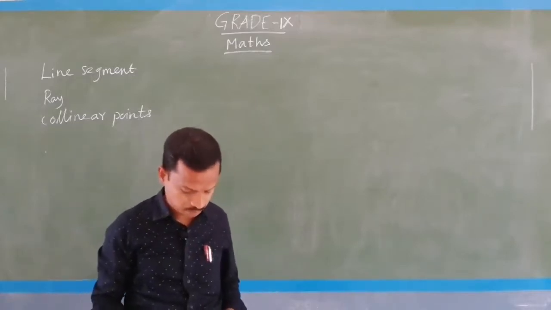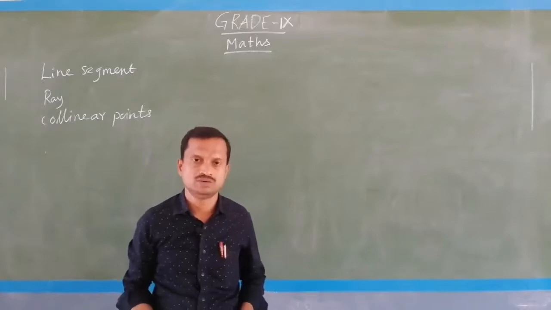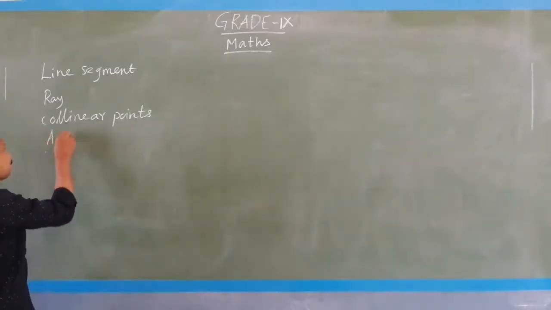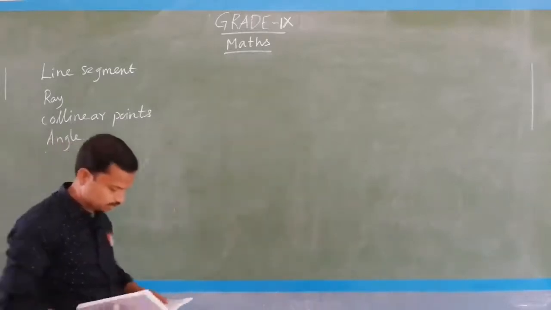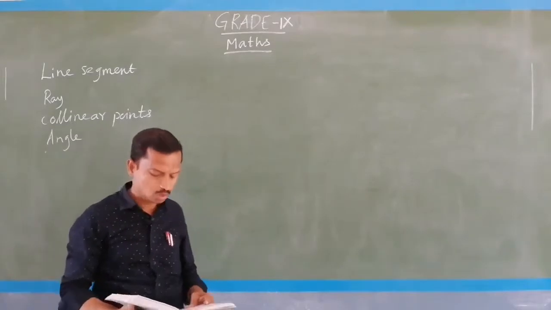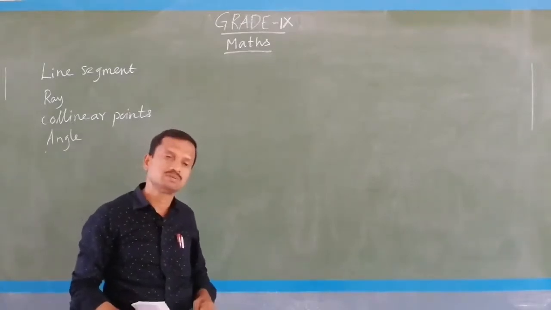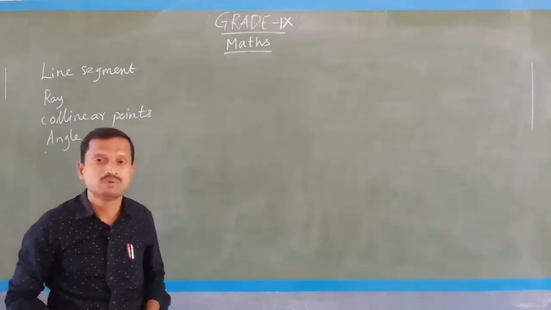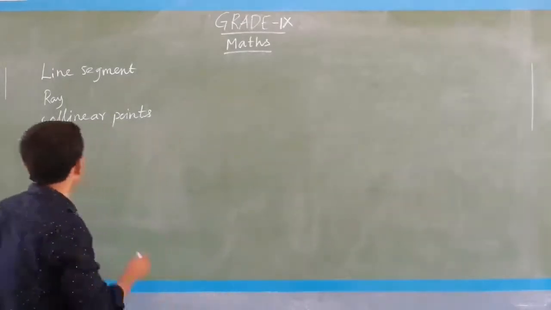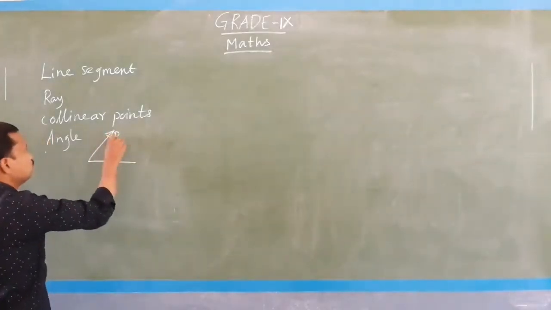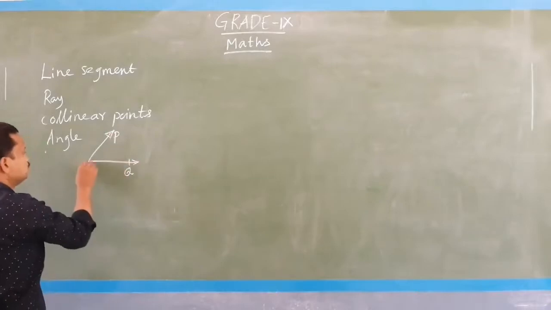And then angle definition, angle. Under that I will read out. An angle is formed when two rays originate from the same end point. That means this is one ray, this is another ray.